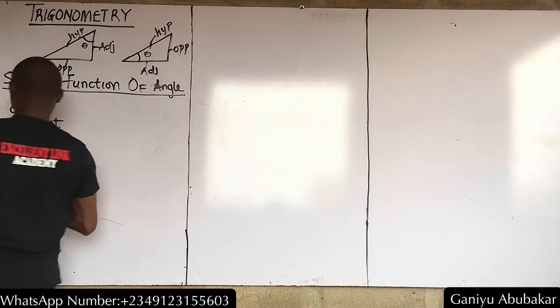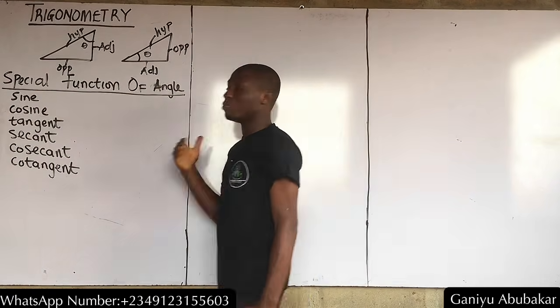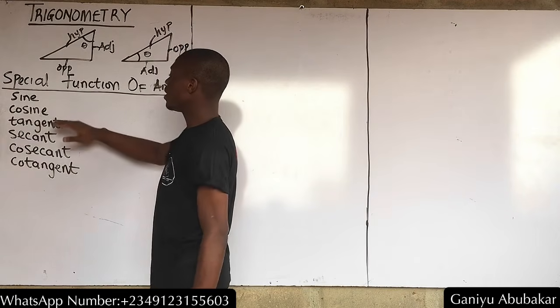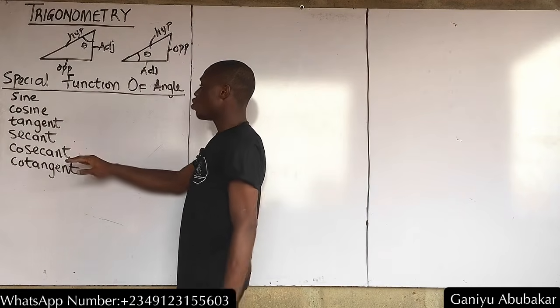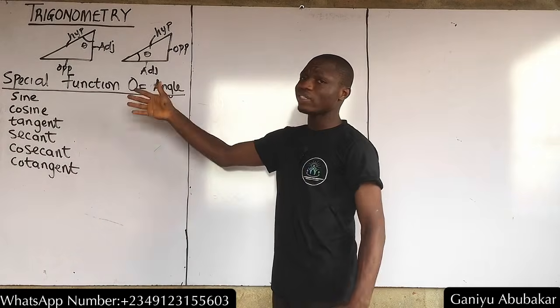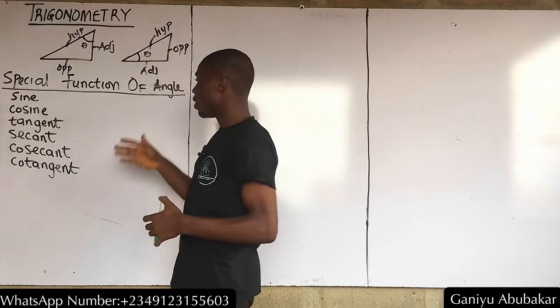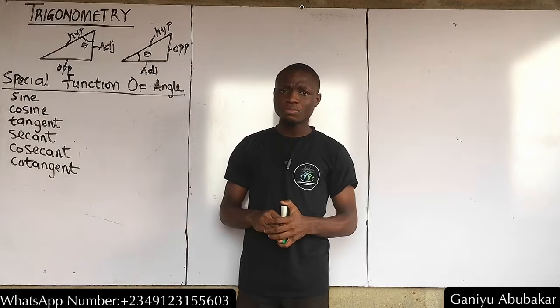So the special functions of angle range from sine, cosine, tangent, secant, cosecant, and cotangent. These are the 6 special functions of angle that we have here in front of us.